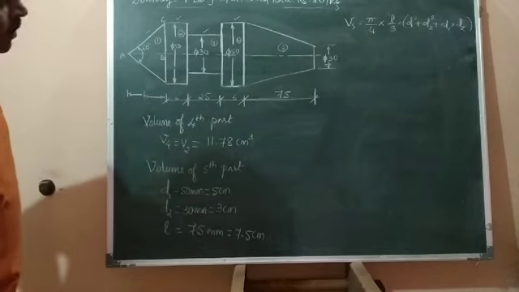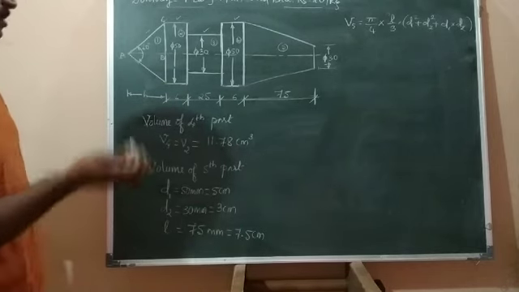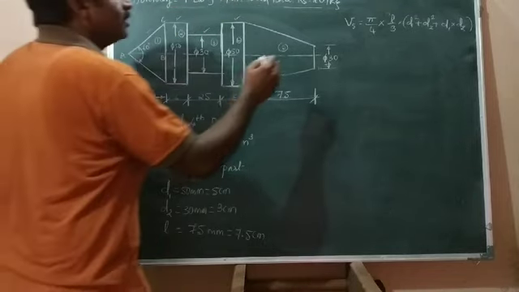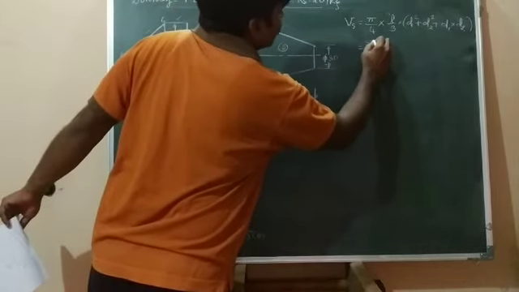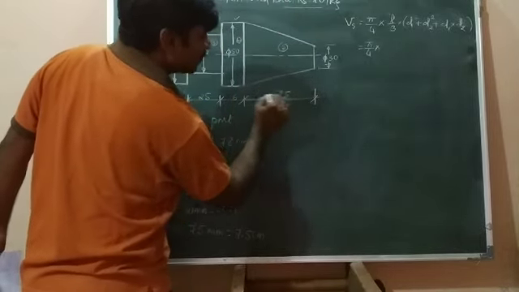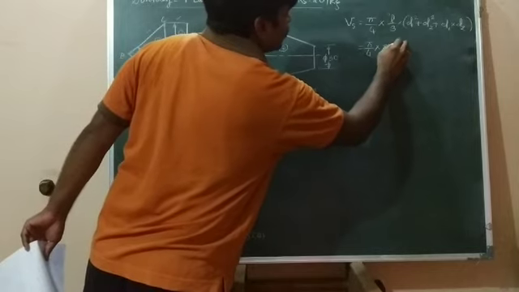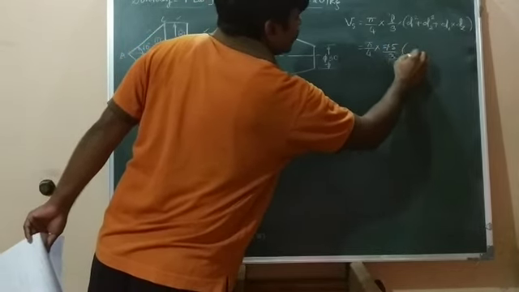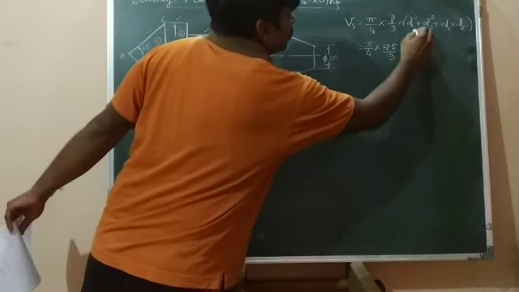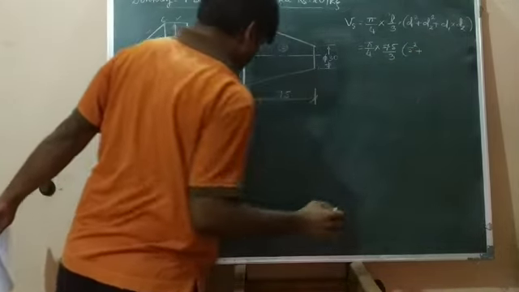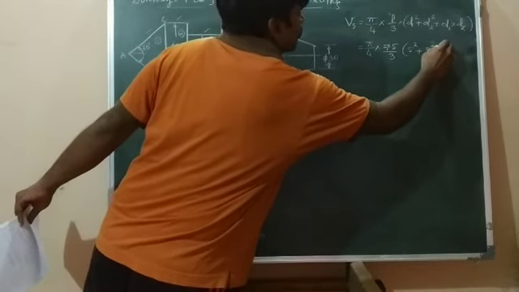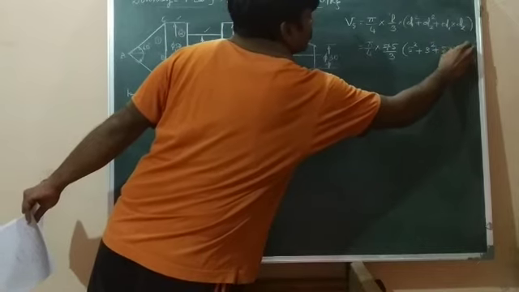Now we know all the respective values here. So just we'll substitute the values in the equation to get volume. So pi by 4 into length means what? This particular length. So 7.5 divided by 3 within the bracket d1, that is 5 square, plus d2, that is 3 square plus 5 into 3.